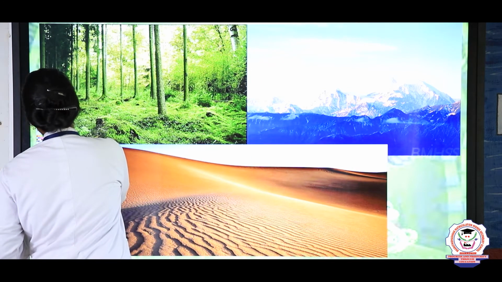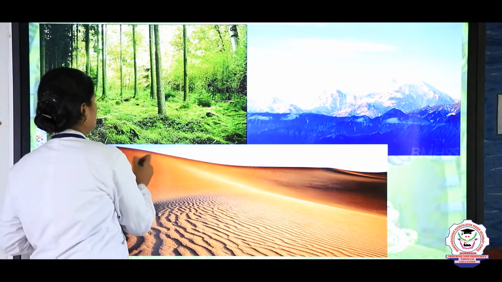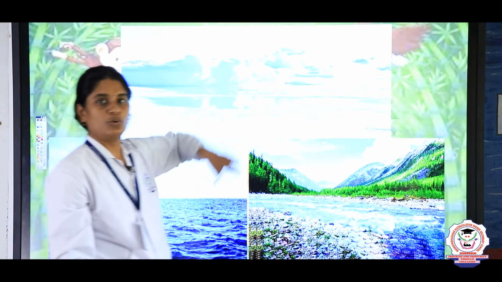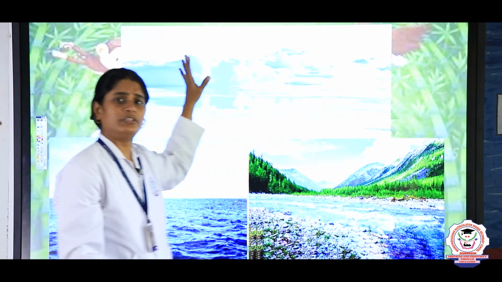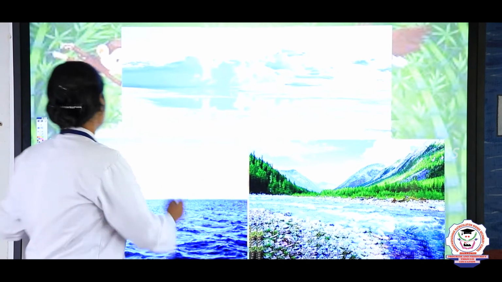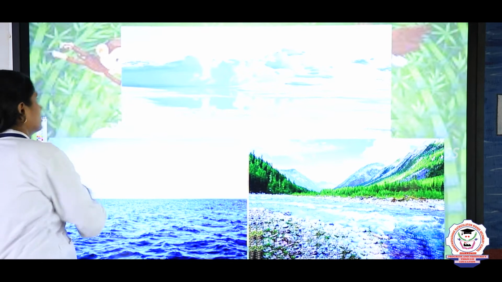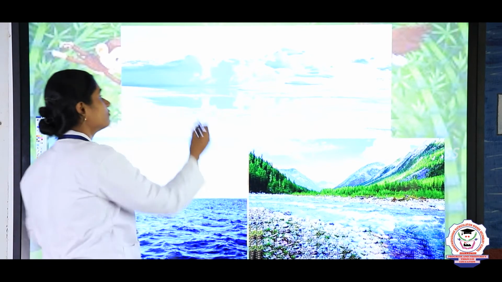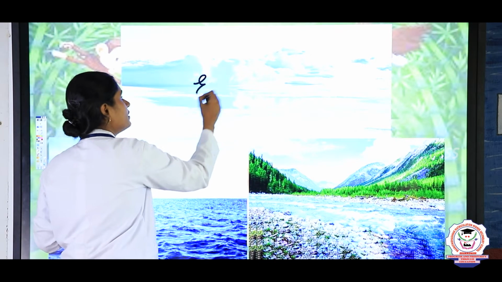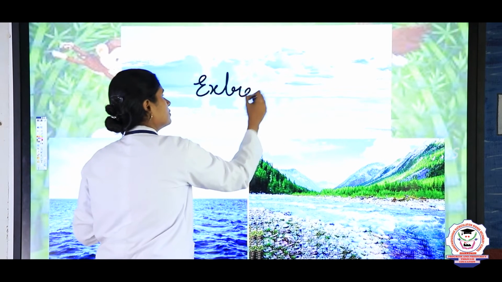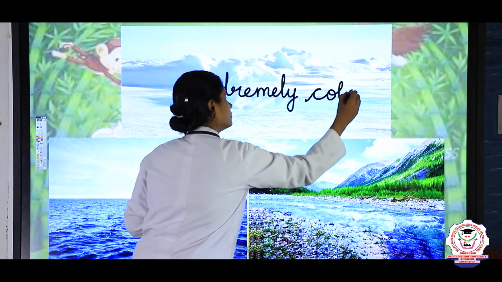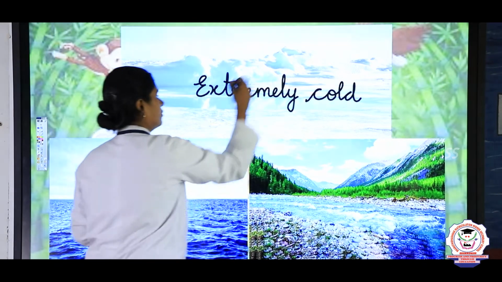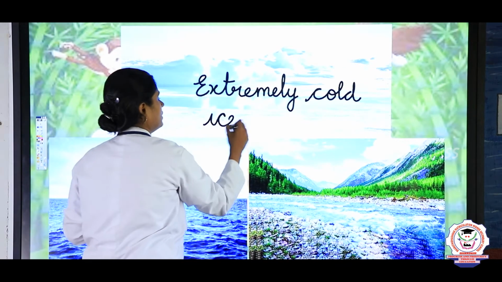So, the next habitat is polar regions. Polar regions are the regions where it is extremely cold and full of ice, right. Icebergs will be there.